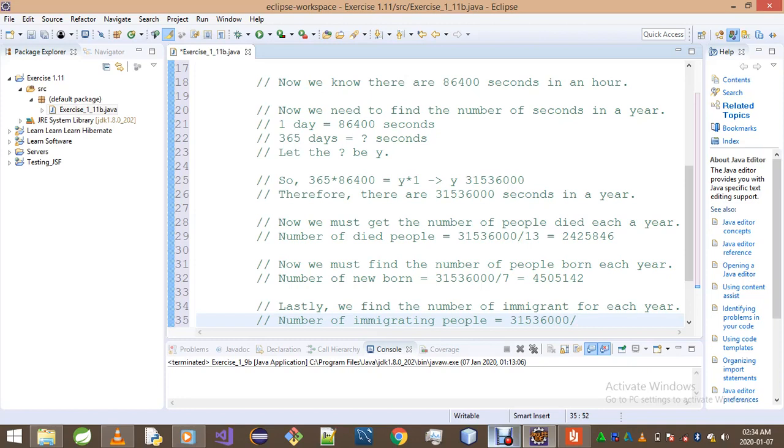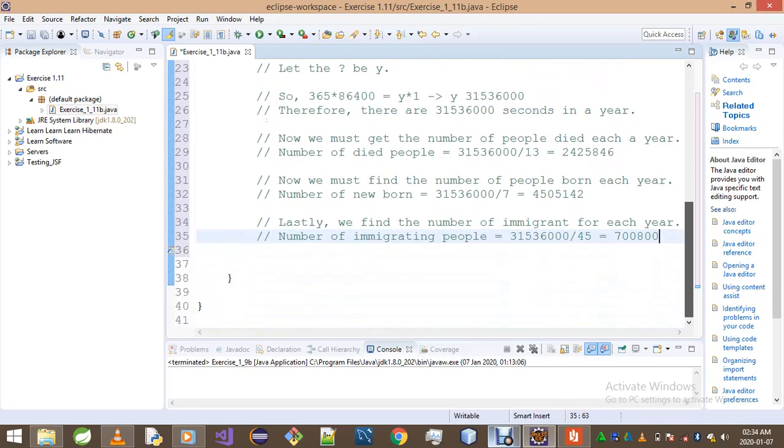So since every 45 seconds a person gets into the country, this is what we're gonna divide by. 45. Then our answer will be 700,800. We're almost there, you guys. We're about to finish now.